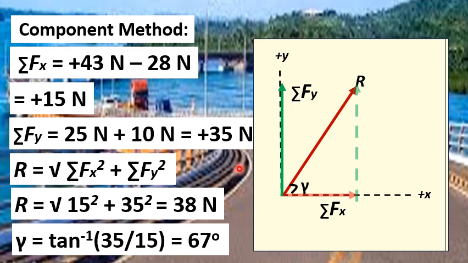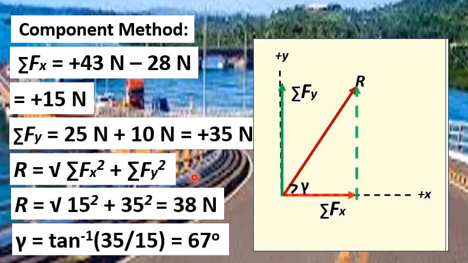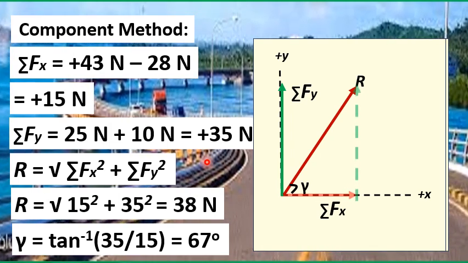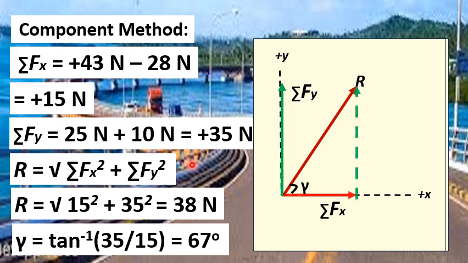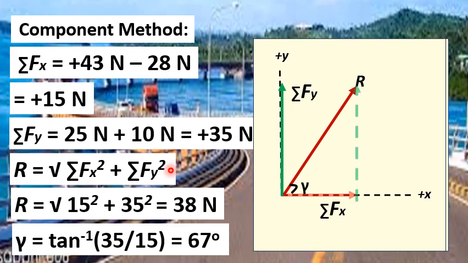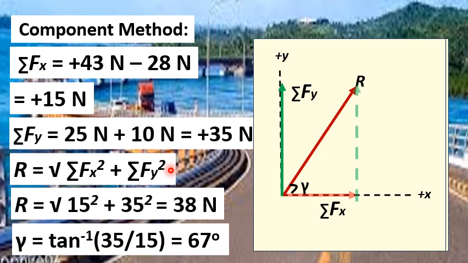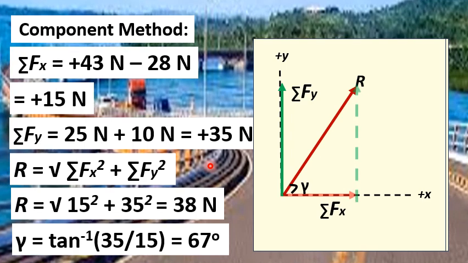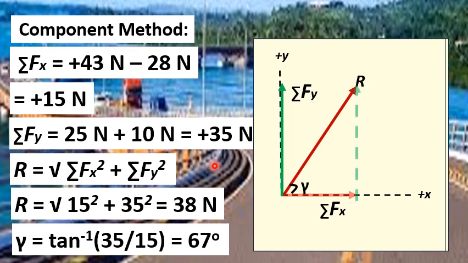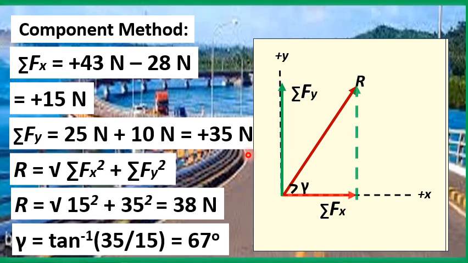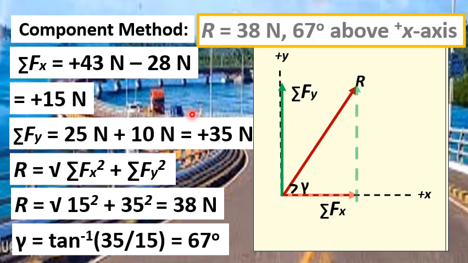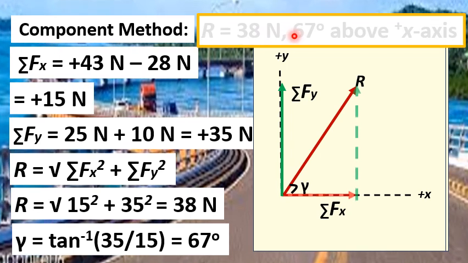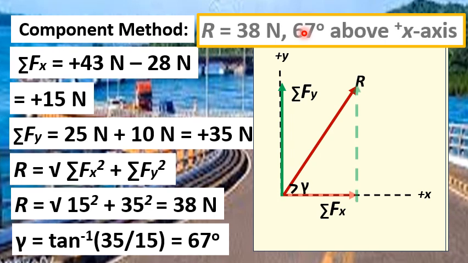And with the help of your scientific calculator, we will be able to get the value of the angle gamma, which is exactly 67 degrees. Hence, our final answer is that the resultant force, big R, has a magnitude of 38 newtons and is directed 67 degrees above the positive x-axis.